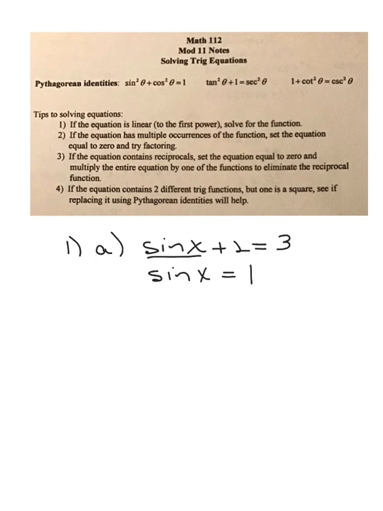So now what we want to ask ourselves is, what angle has sine equal 1? That's what you want to ask yourself. And there may be more than one answer. Well, the sine is 1 only at 90 degrees or pi over 2.